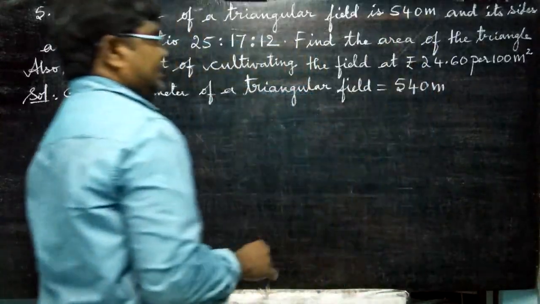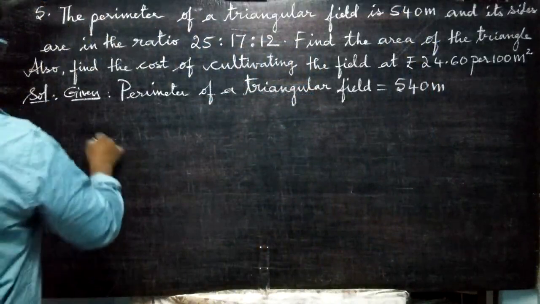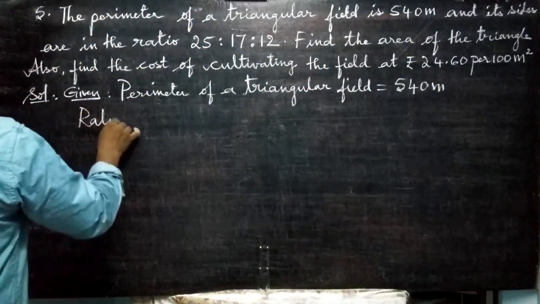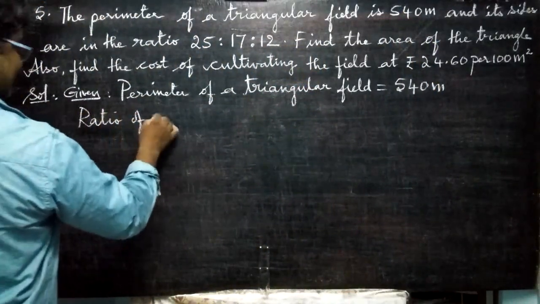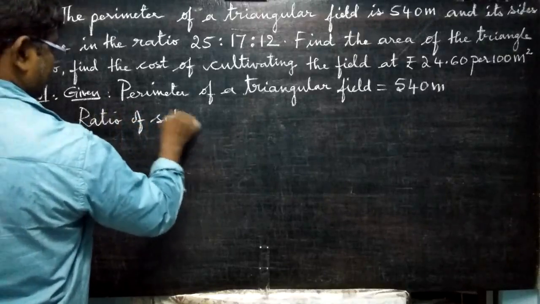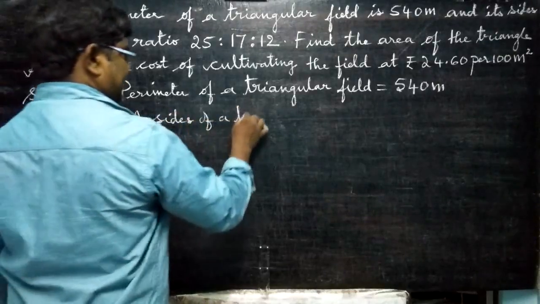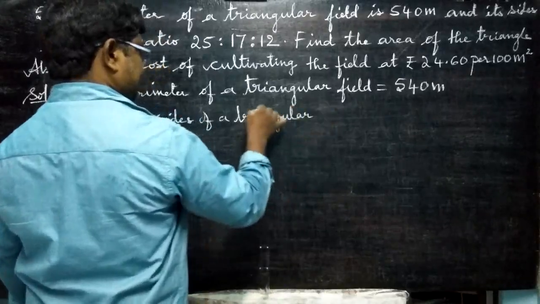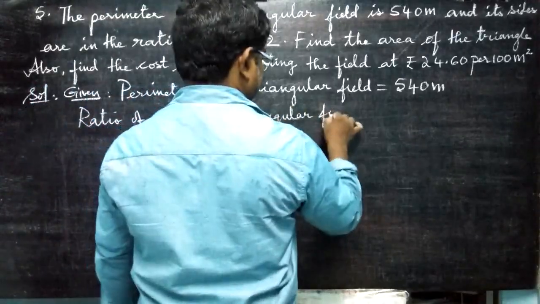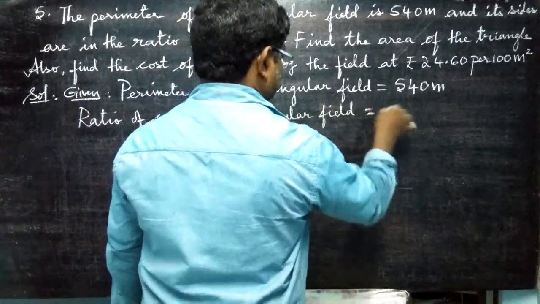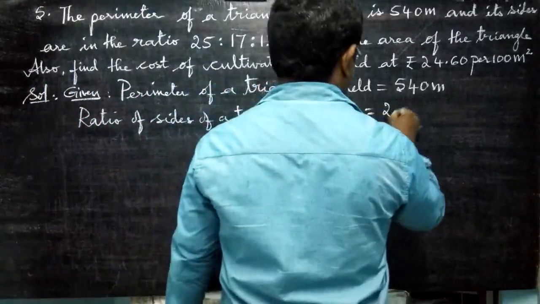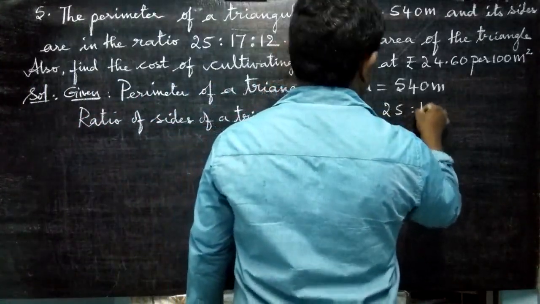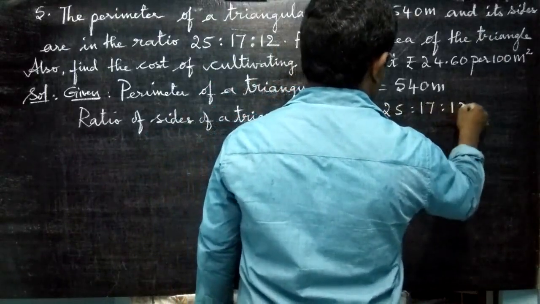Next, the ratio of sides of the triangular field. Which ratio? 25 is to 17 is to 12.